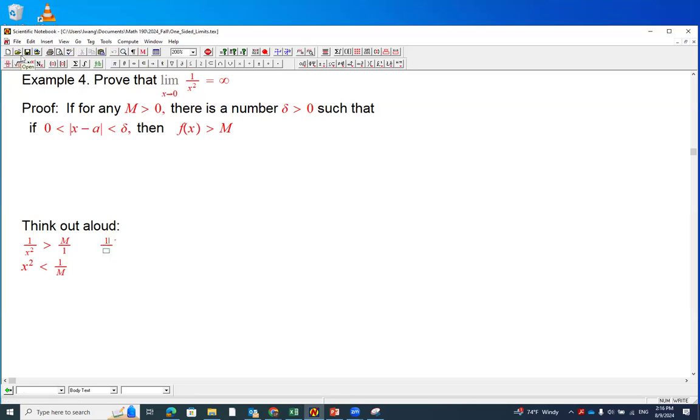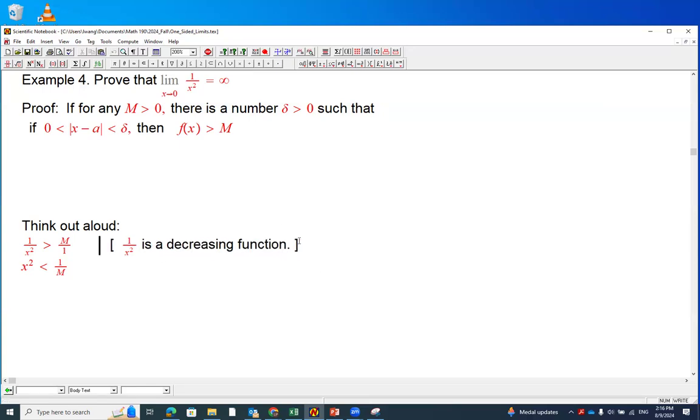Because this is related to the function 1 over X squared, which is a decreasing function. Decreasing function means what?